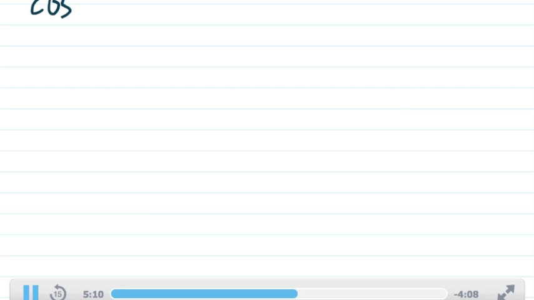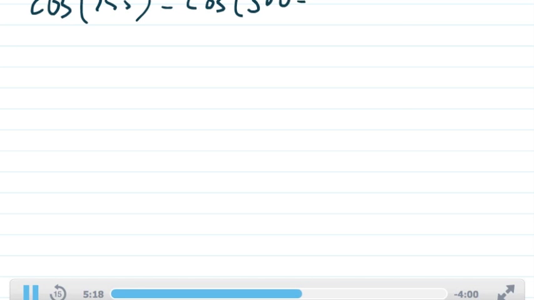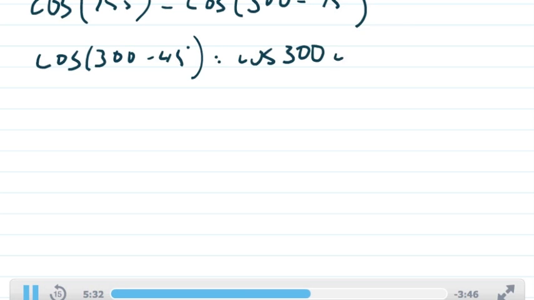Now, we need to find cosine of 255, which is cosine of 300 minus 45, which is equal to cosine of 300, cosine of 45, plus, remember the signs are opposite, sine of 300, sine of 45.